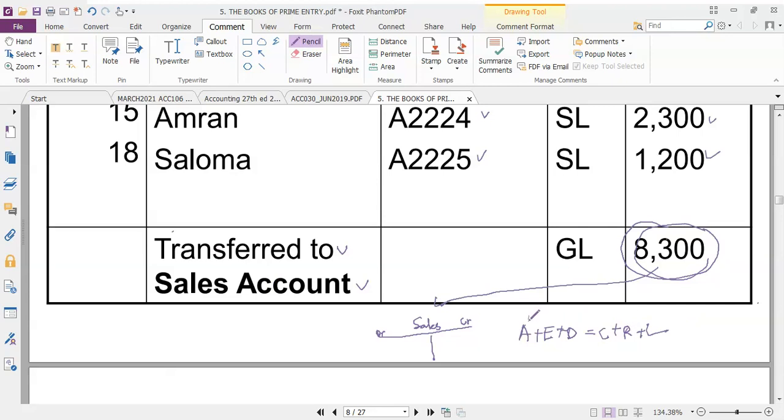AED, when increased, we must put on debit side. If decrease, credit side. CRL, increase, credit side. Decrease, debit side. So benda ni lah yang you akan apply. Sales adalah revenue, bertambah dia mestilah sebelah kredit.